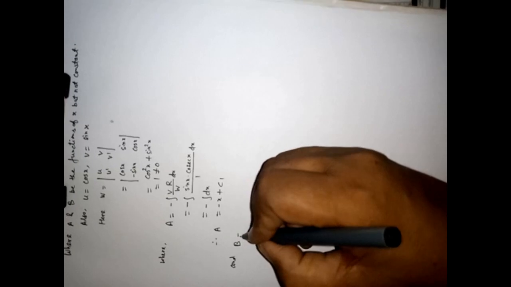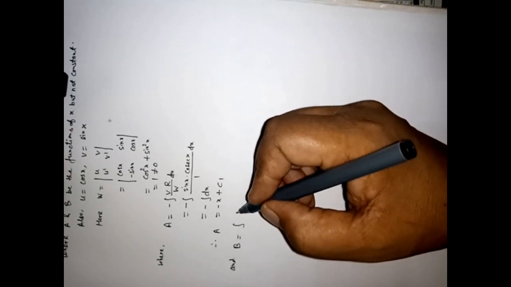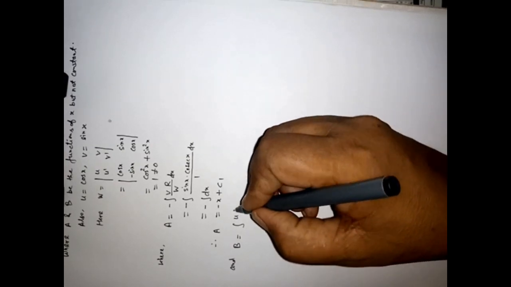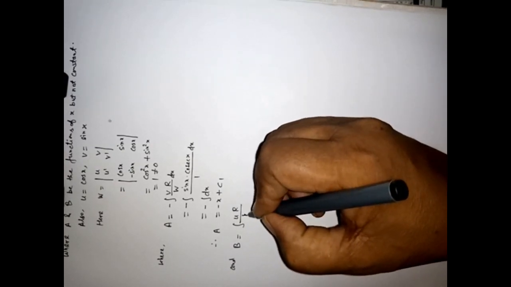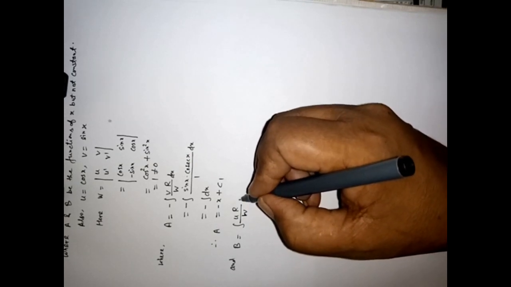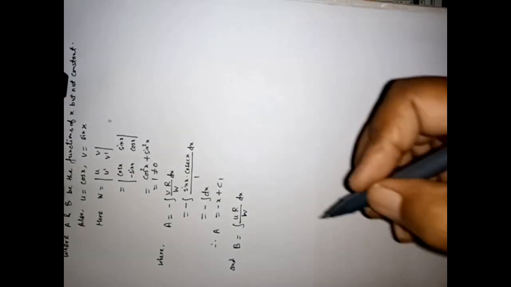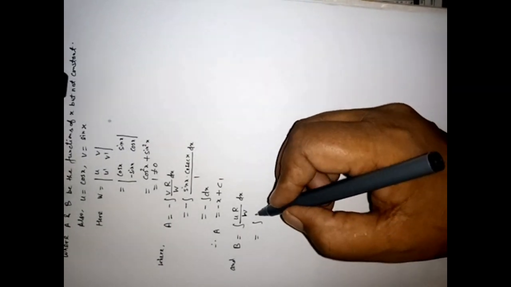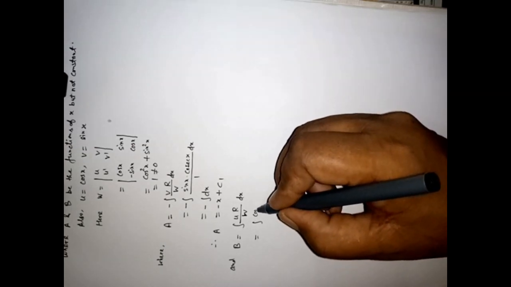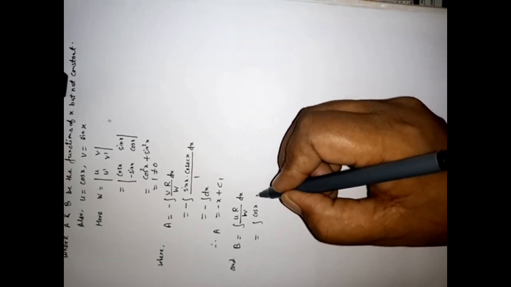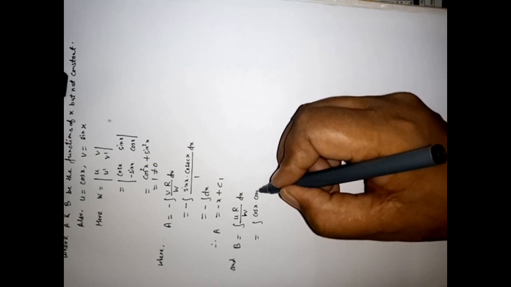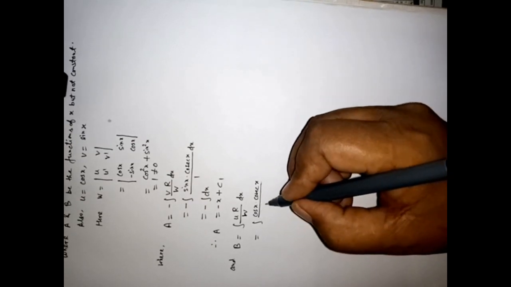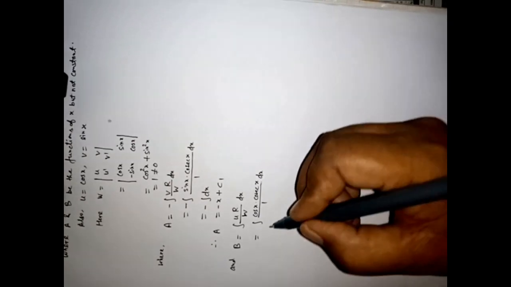And capital B is equal to integral u into capital R divided by Wronskian dx. So putting these values here, we get integral u means cos x into r means cosec x divided by Wronskian, that is 1, dx.